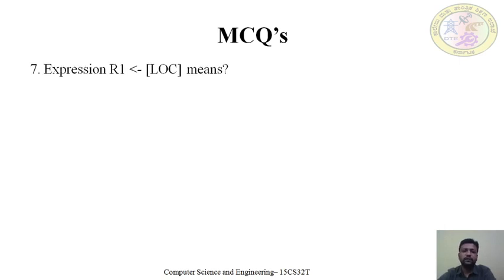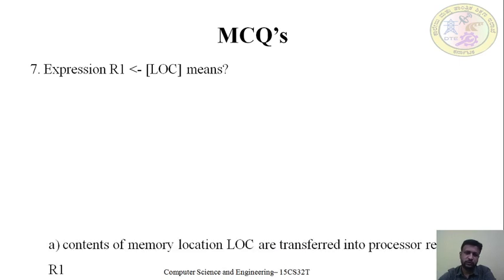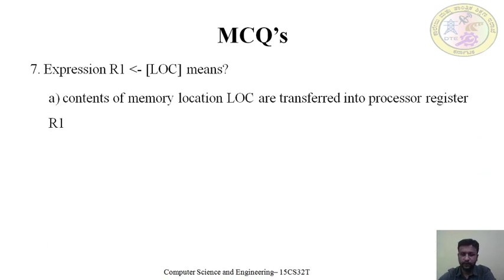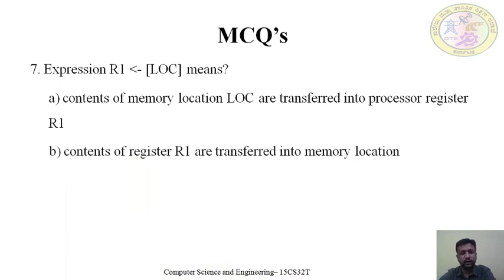Expression R1 left implies LOC means. Option A, contents of memory location LOC are transferred into processor register R1. Option B, contents of register R1 are transferred into memory location. Option C, both A and B. Option D, none of the above. Here the contents of LOC are transferred to register R1. So not B. If not B, then C is also not.